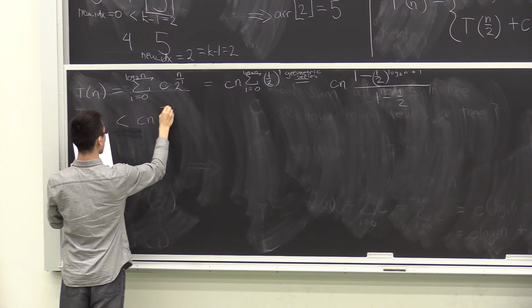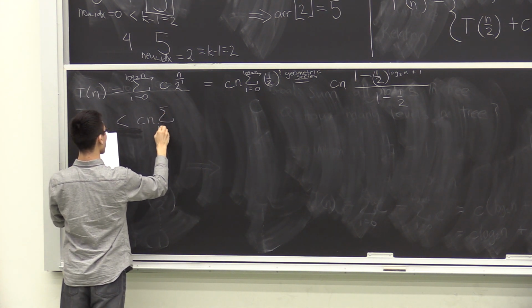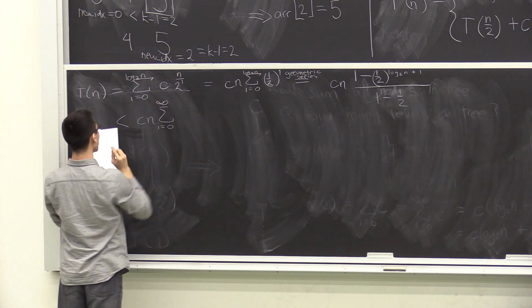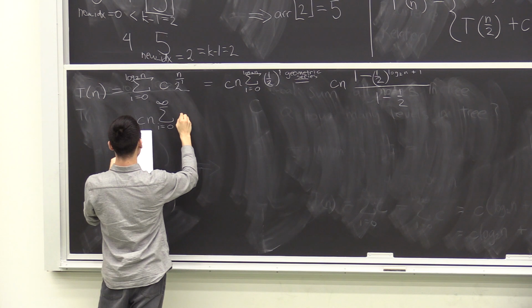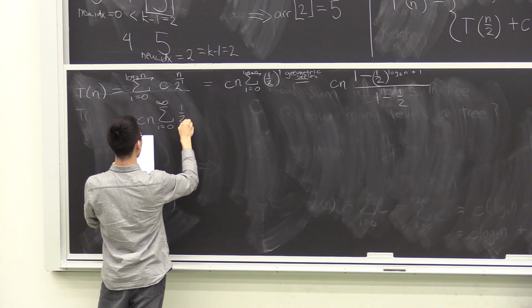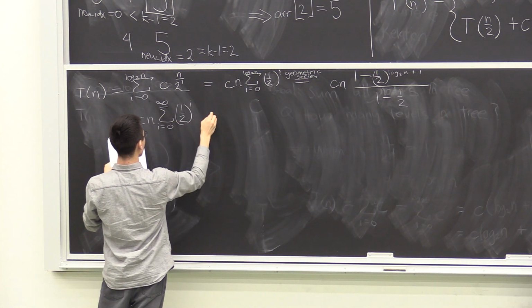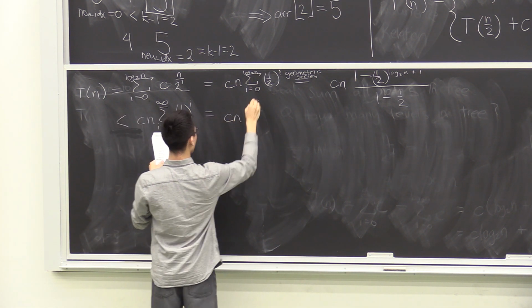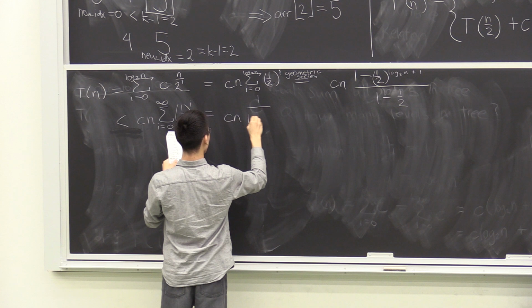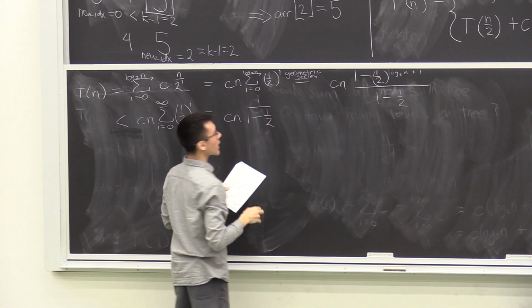Cn times the sum from i equals 0 to infinity of half to the i. Nothing wrong with saying that. And this is just going to be Cn times 1 over 1 minus half.